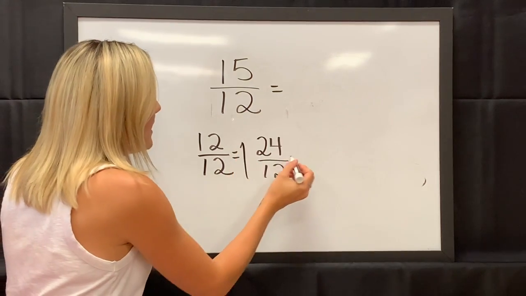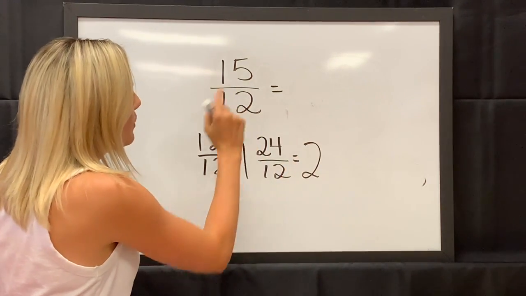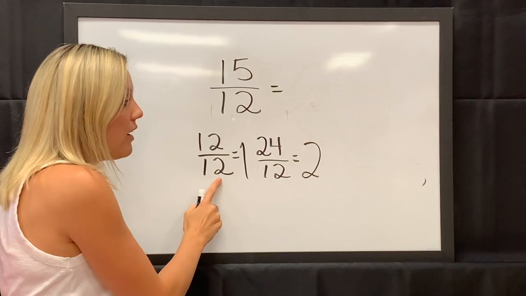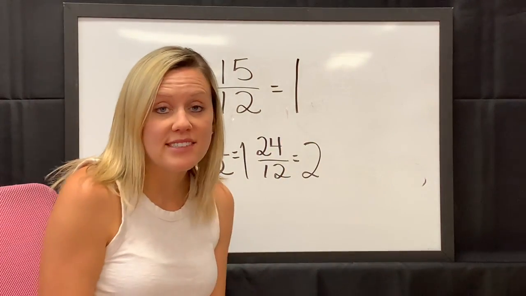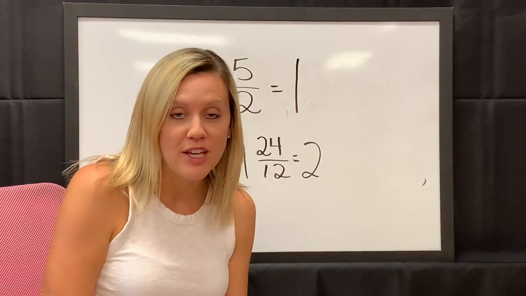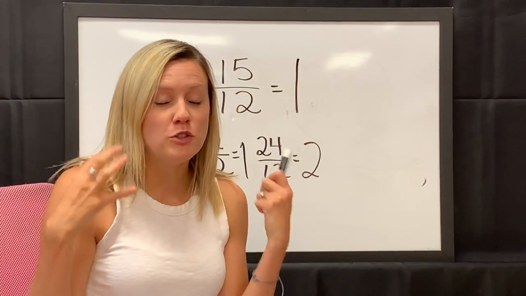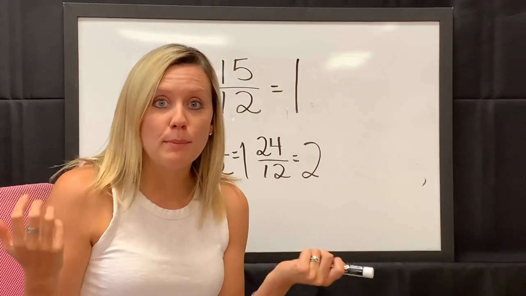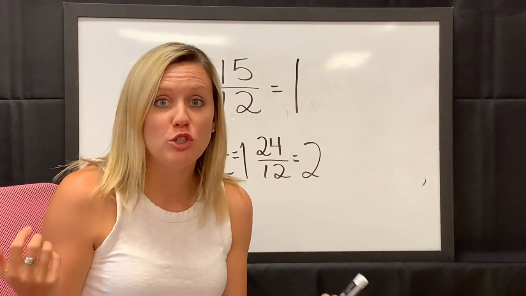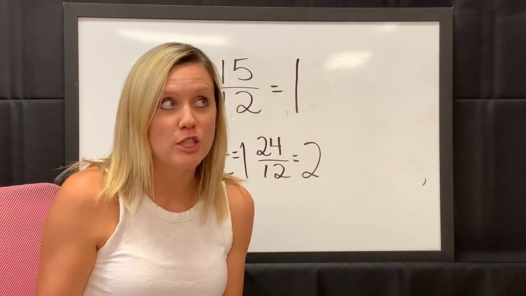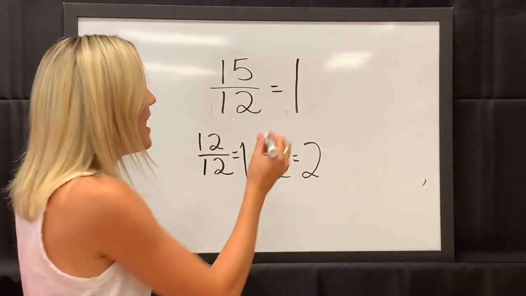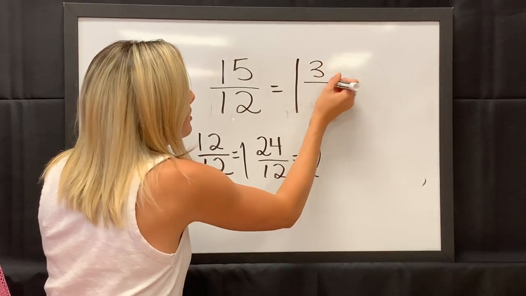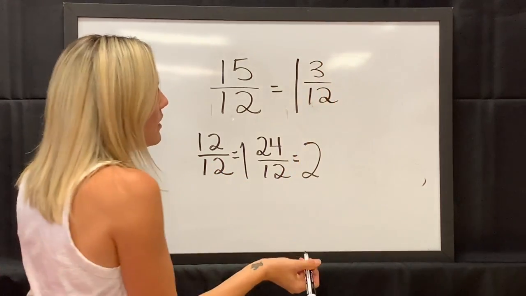We don't exactly have that much. We only have 15. So we're able to make our 1 whole, which is 12/12, and then we're gonna have some left over. So I'm gonna take my 12/12, and then I'm gonna count up to 15 to see how many 12ths we have left over. 12, 13, 14, 15. I have 3 12ths left over.